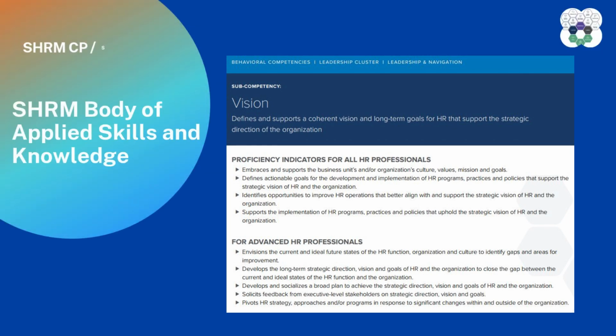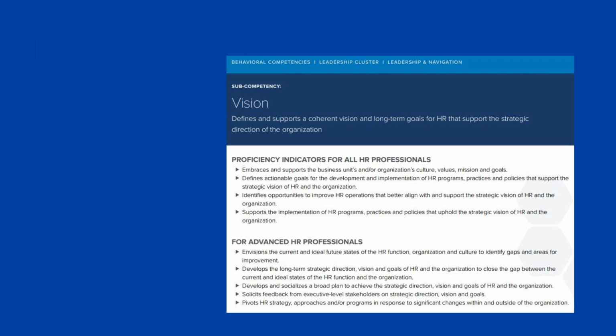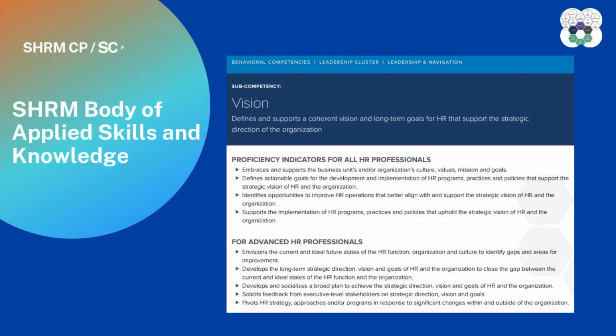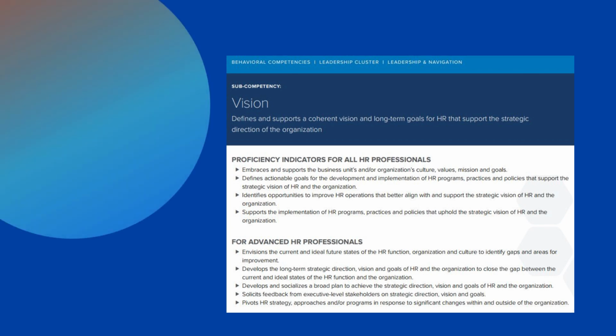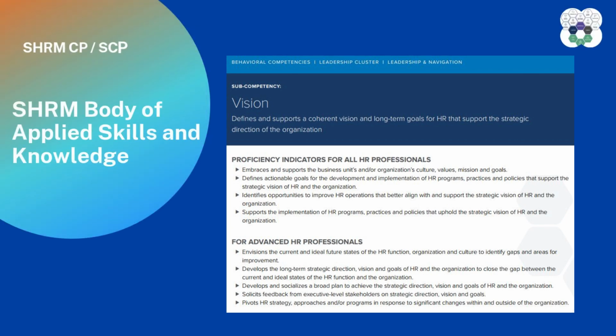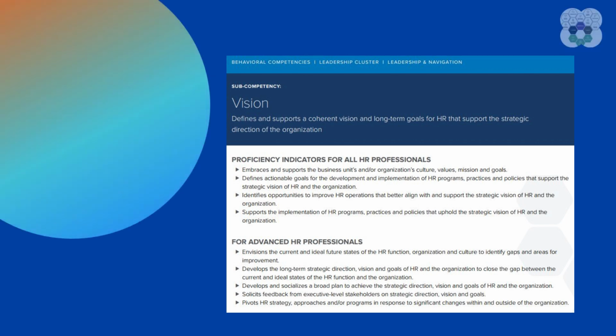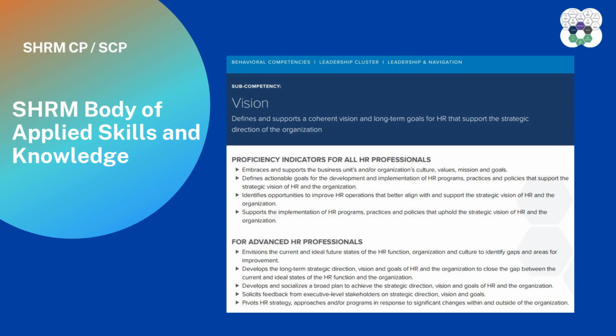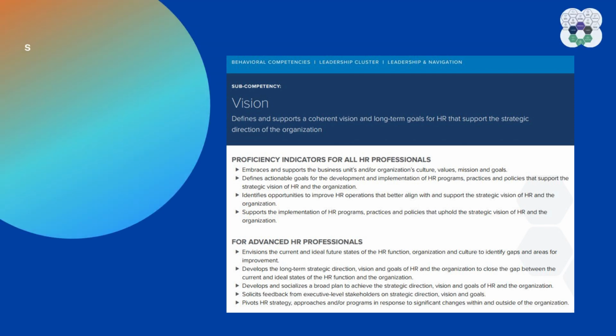Develops and socializes a broad plan to achieve the strategic direction, vision, and goals of HR and the organization. Solicits feedback from executive-level stakeholders on strategic direction, vision, and goals. Pivots HR strategy, approaches, and/or programs in response to significant changes within and outside of the organization.